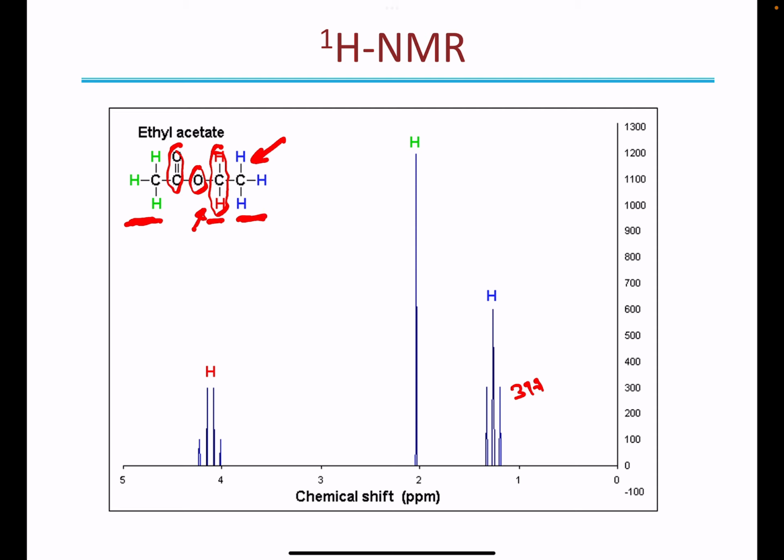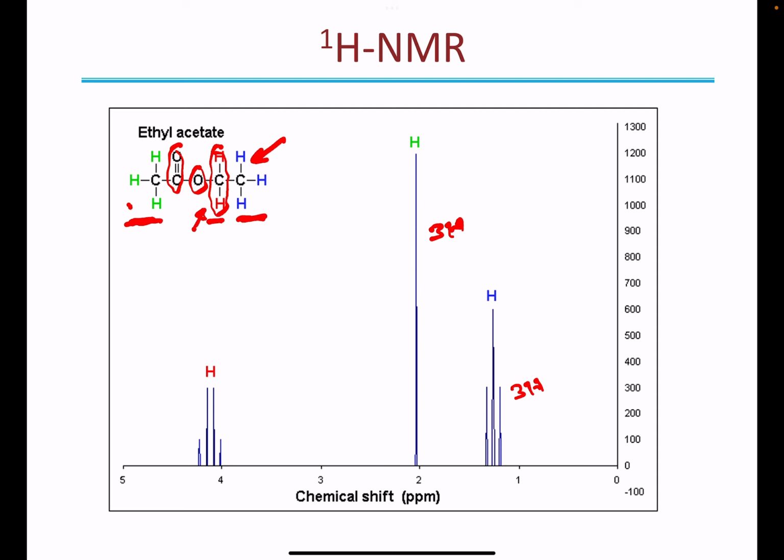So the second signal that we see is for these three protons, the green ones, and this is going to be a singlet because there are no protons on the adjacent carbon. There is only a carbonyl group. So this is a singlet and there are three protons.